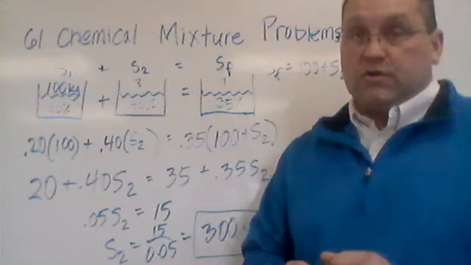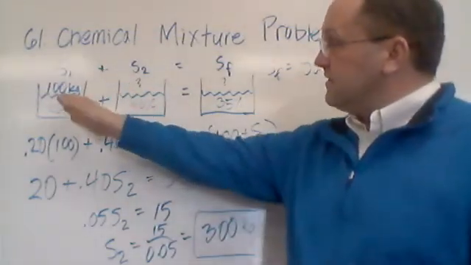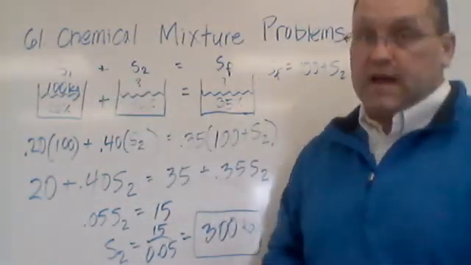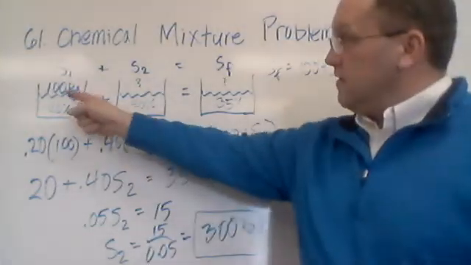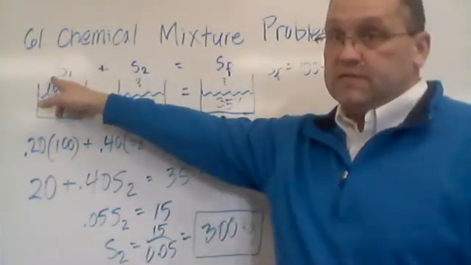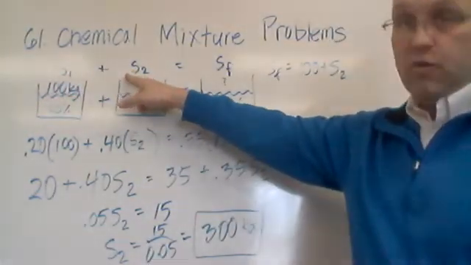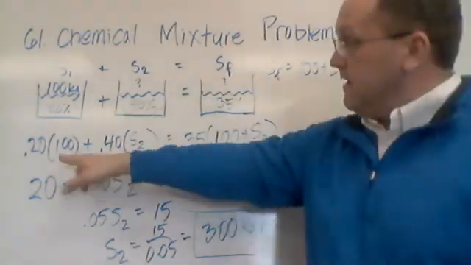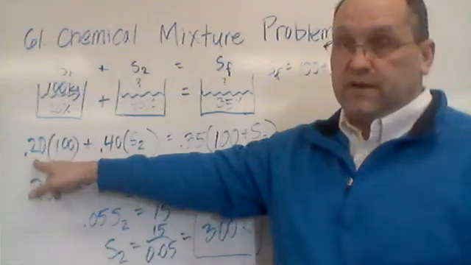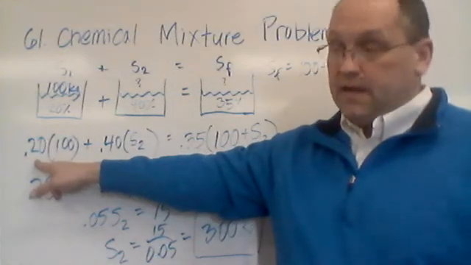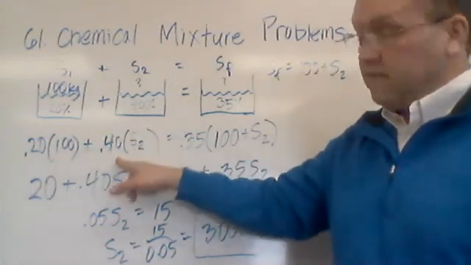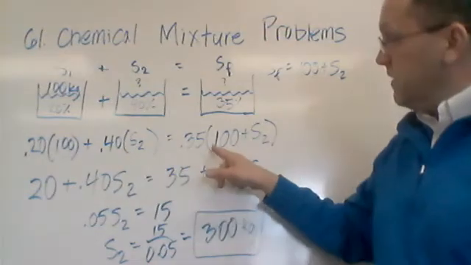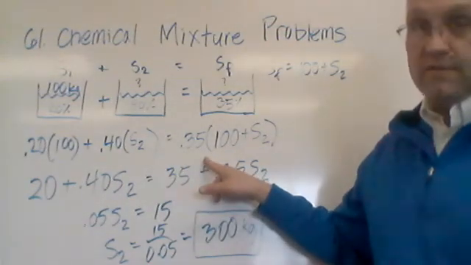It's the same approach. Now, they're going to give us different information on different sides of the equation. Remember, the total amount of solution plus the total amount added equals the final amount of solution. The total amount of constituent, glycol in this case, plus the amount of glycol in the second solution will equal the final amount of glycol.